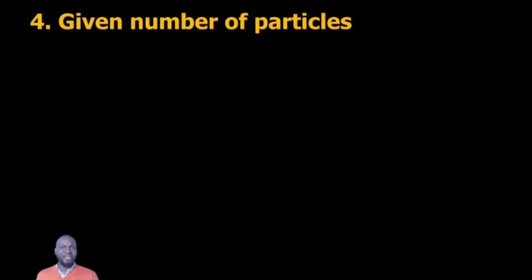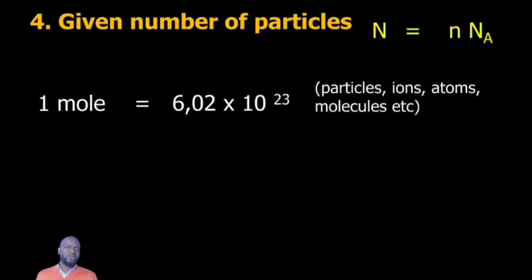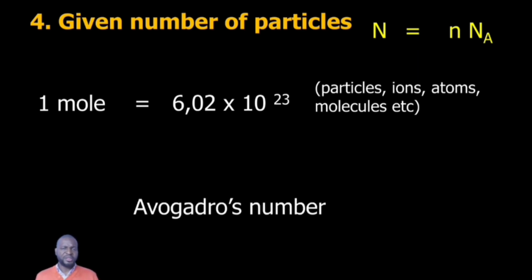The moles can be related to the number of particles or number of atoms, number of ions, number of molecules. Okay? 1 mole has got 6.02 times 10 to the power 23 particles or ions, whatever you're looking at. We call that unique number Avogadro's number, given the symbol big N with a subscript A. So if I have 1 mole, I have 6.02 times 10 to the power 23 particles.